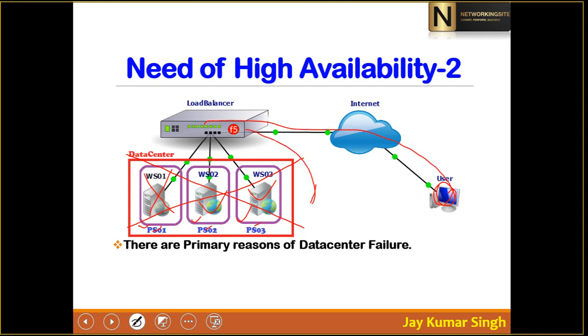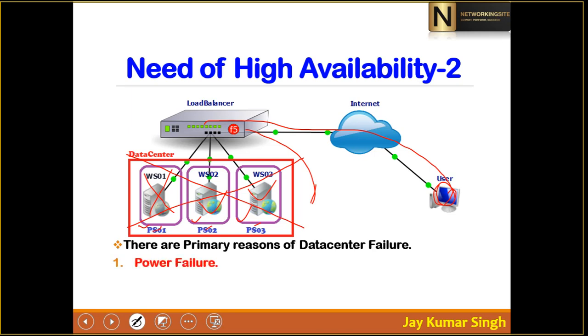You will say, I can understand that an entire data center failure is a rare condition. You will find server failure sometimes, but not an entire data center failure every time. But yes, there can be some reasons. There are three primary reasons for data center failure.